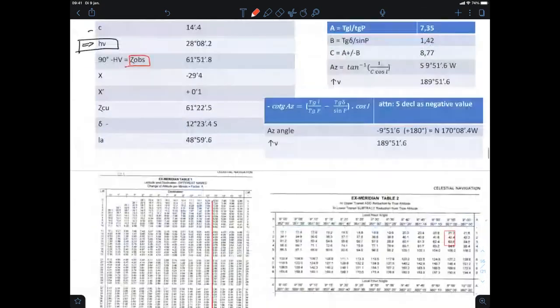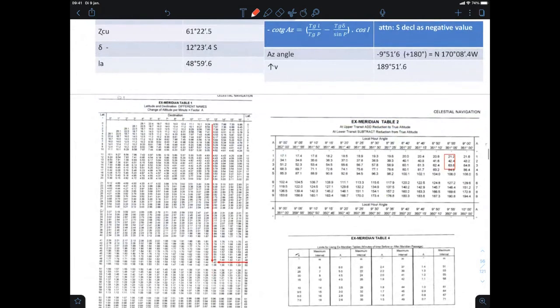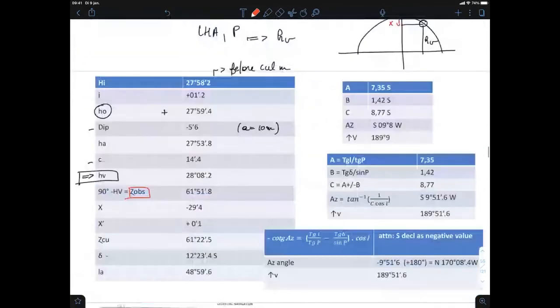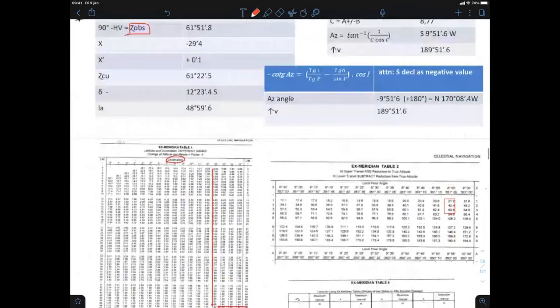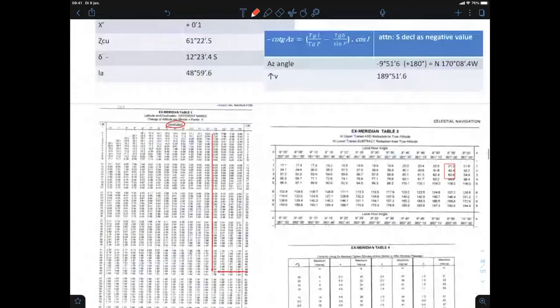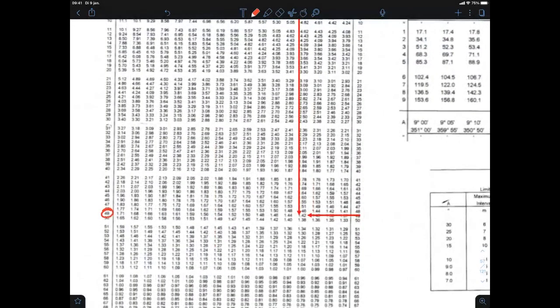If we go to table 1, we see there that with a declination of, what was our declination, 12 degrees 23, and a latitude of, what was my latitude? It was 49 degrees. So we need to be somewhere here, 49 degrees.